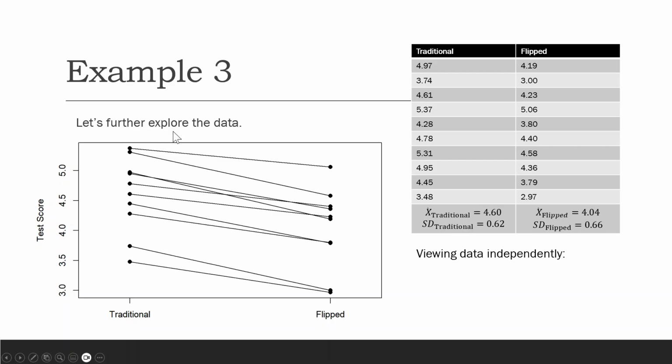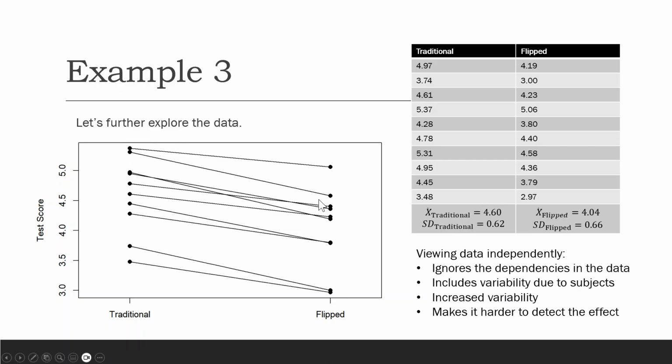Now, whenever we view the data independently, right, we ignore the dependencies in the data, right? Now, our goal is to see if being in a flipped classroom basically impacts the amount of time studied, right? And if I look at these matched pairs, I've connected the actual pairs by a line segment. Notice how all of these line segments are decreasing. All of these line segments are decreasing from traditional to flipped.